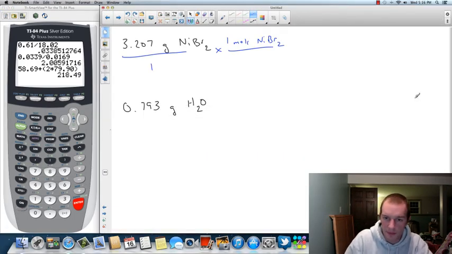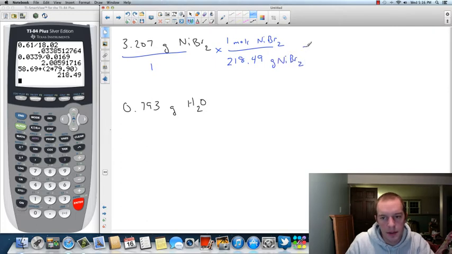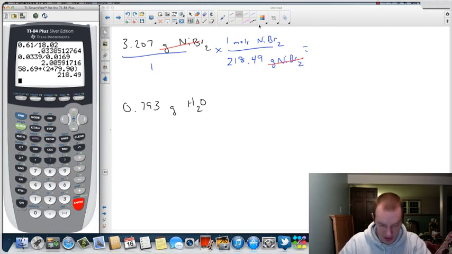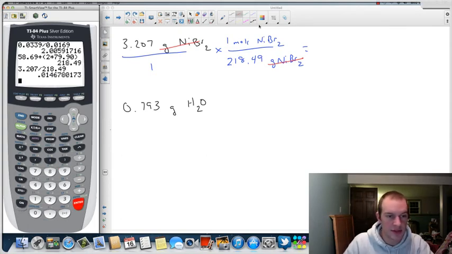So we come back in here, we can see that it's going to be 218.49 grams of NiBr2. Okay, similar to what we had before, we can see that the grams of nickel bromide are going to cancel. We're going to go ahead and perform this calculation. So we're going to take 3.207 divided by 218.49, and that tells us that it's approximately 0.01468.